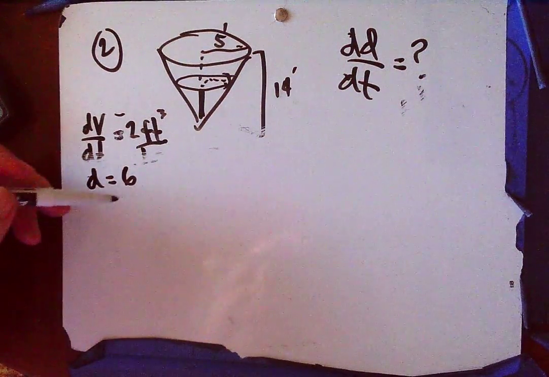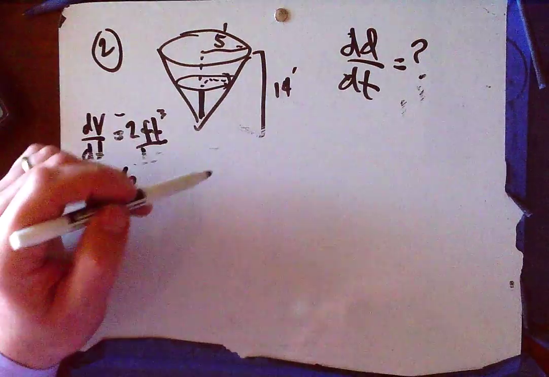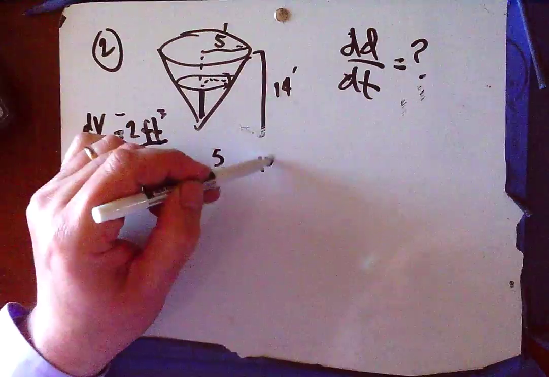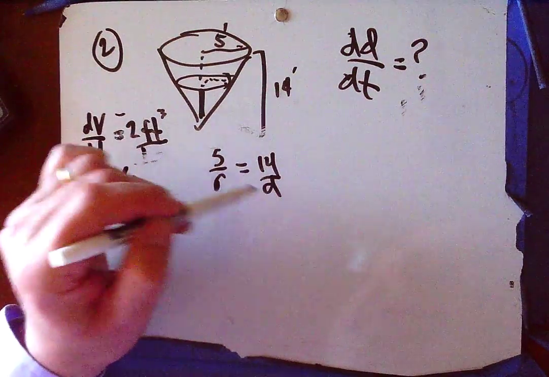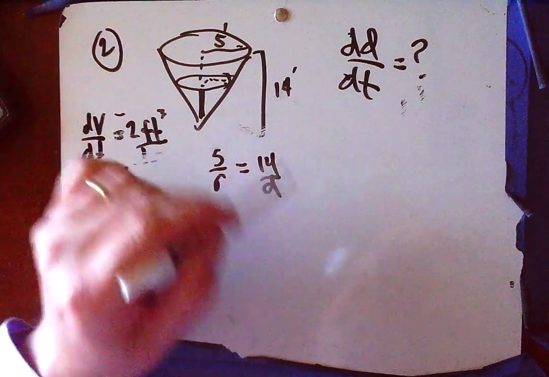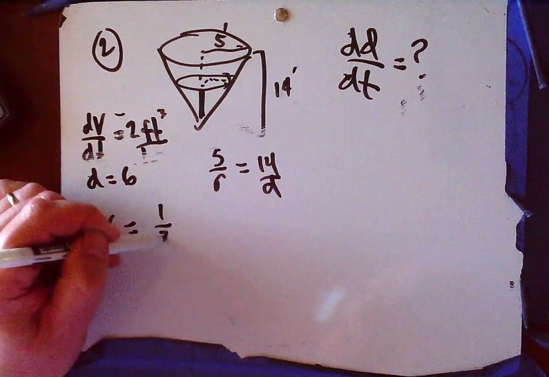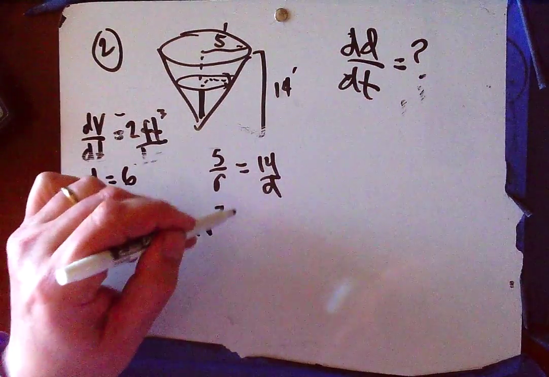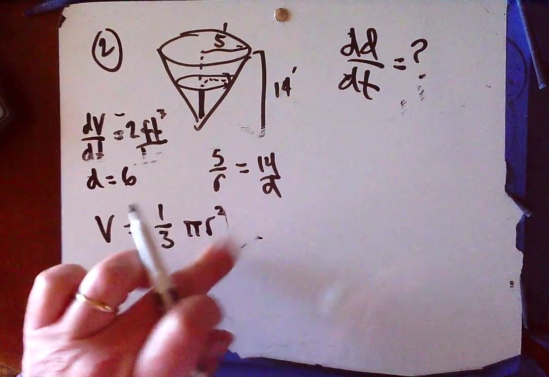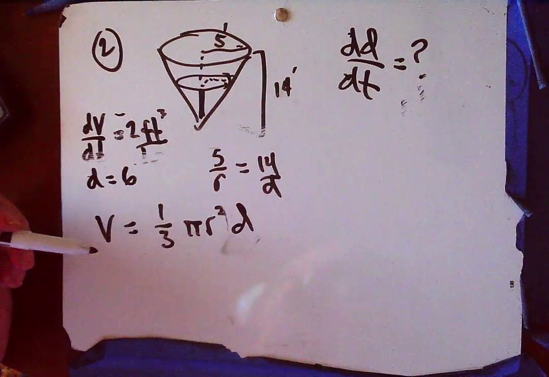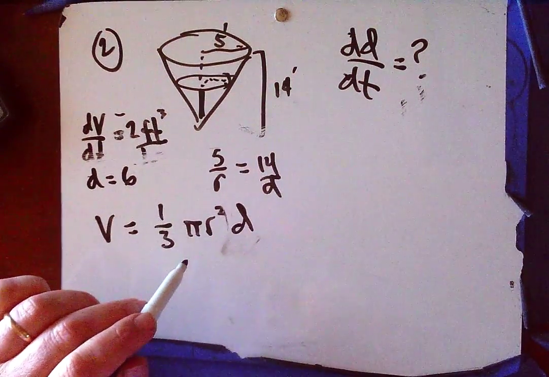And then didn't we have that relationship where we said 5 is to r as 14 is to d? This could be important for us. So volume equals 1/3 pi r squared d. And now I'm going to do something rather bold.